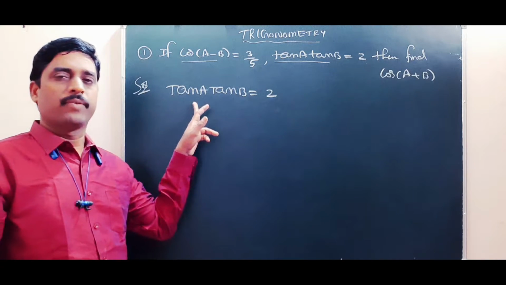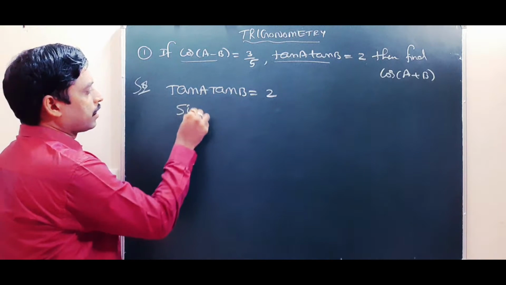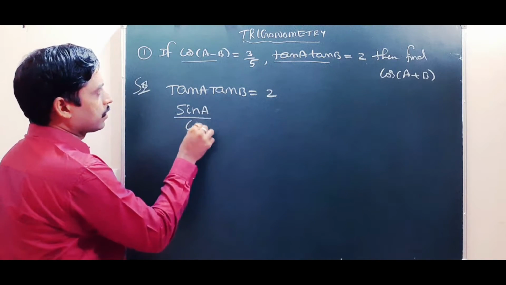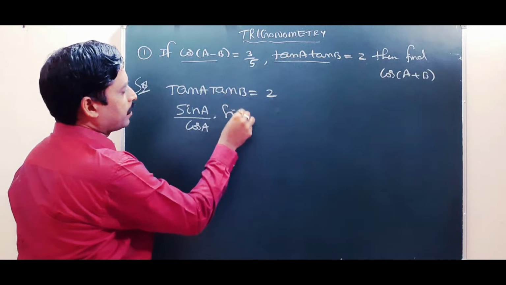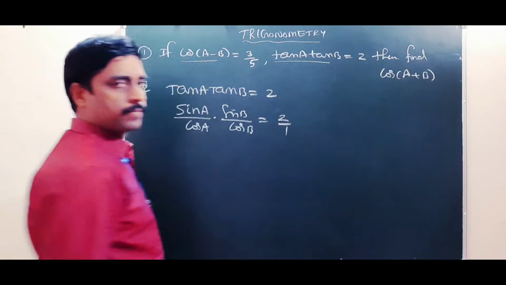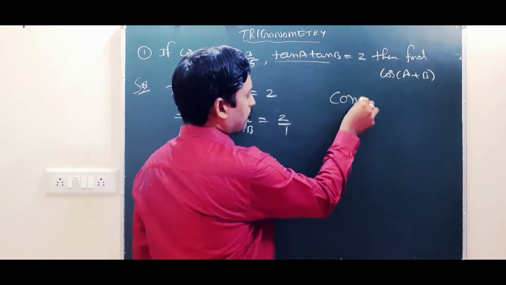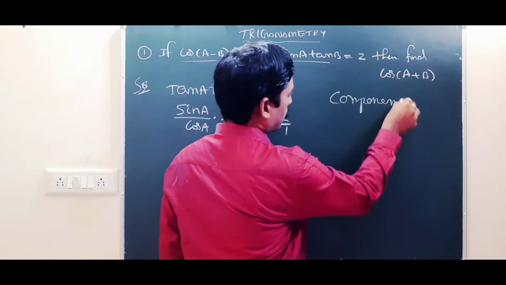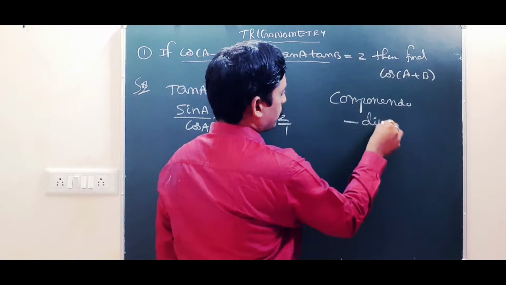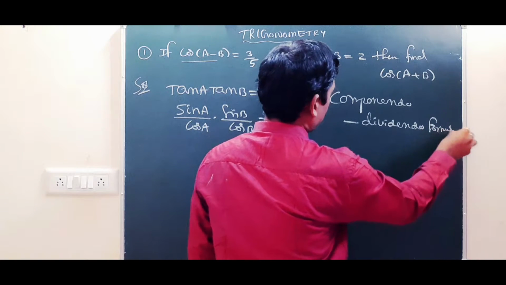Okay, we have the tan A formula, sin A by cos A, and sin B by cos B. So sin A by cos A into sin B by cos B equals 2 by 1. So by using the componendo and dividendo formula, what is the formula?